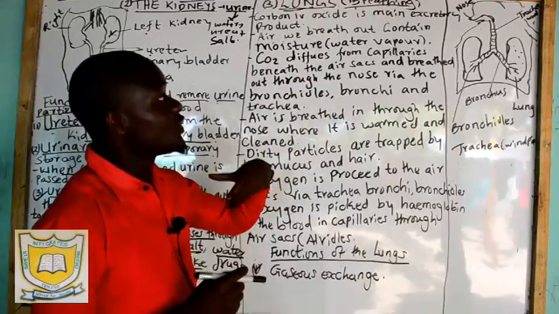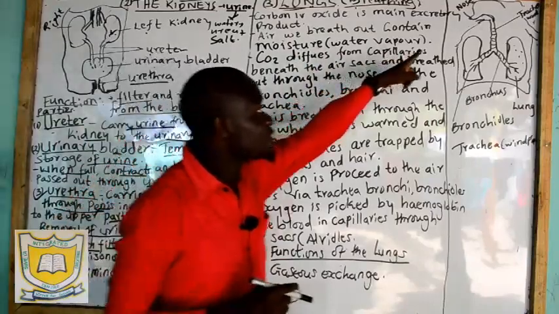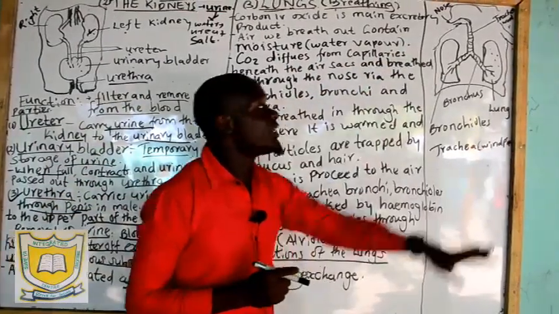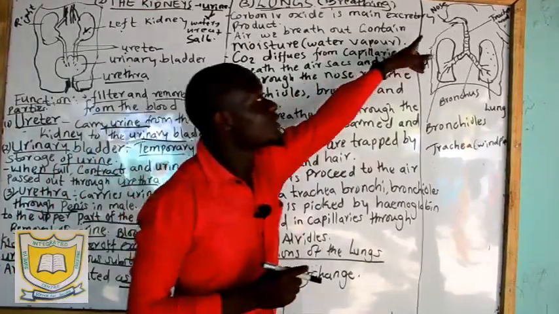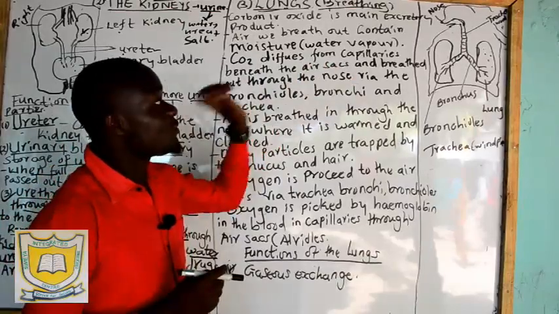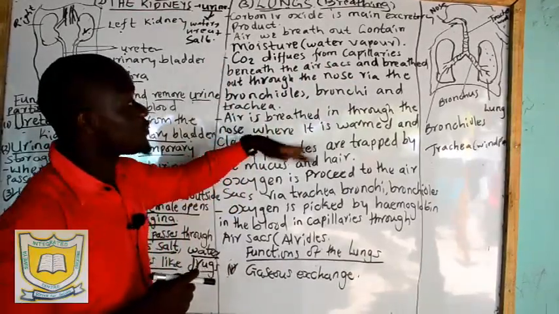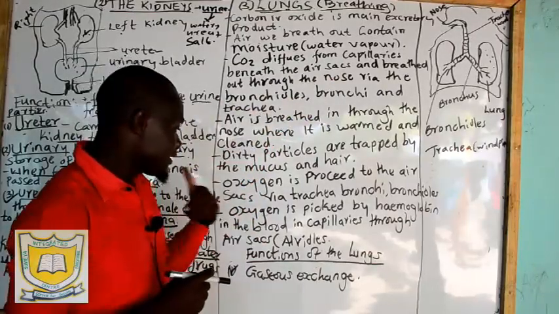We talked about the warming of air in the nose, which is done by the blood capillaries. The blood capillaries warm the air. Then in the nose we also have hair, which traps the dust particles in the air.